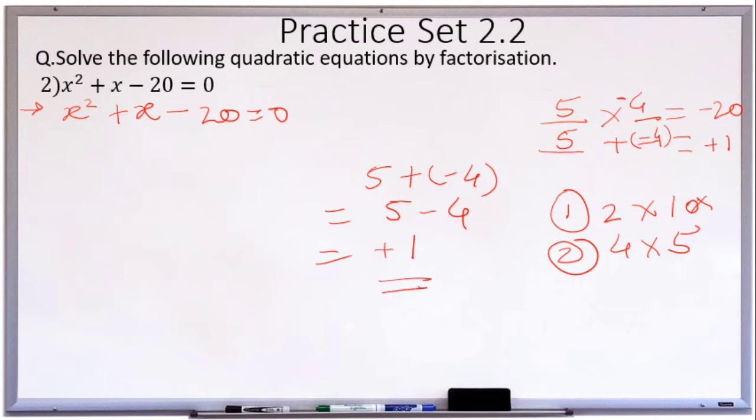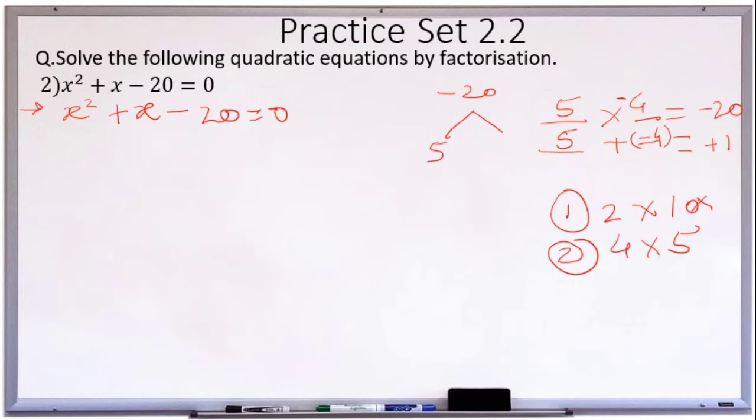Hence we got our two factors, that is first one is plus 5 and second one is minus 4. So I will write over here minus 20 is equal to 5 and minus 4.